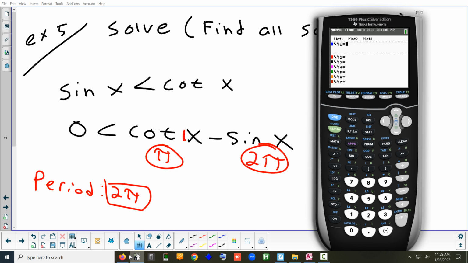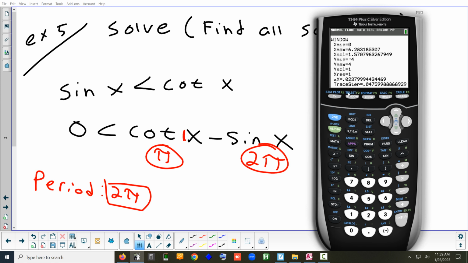That should already be set up. How am I going to type in cotangent? Yeah, that's one way. Or you could also do cosine divided by sine. Do the same thing. Okay, so just make sure we get that typed in right.